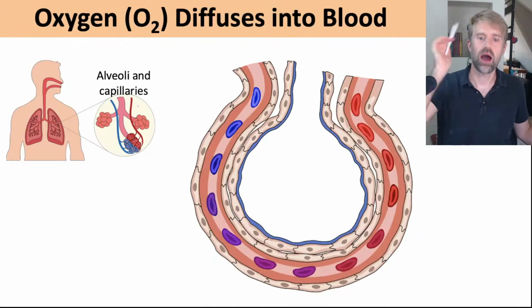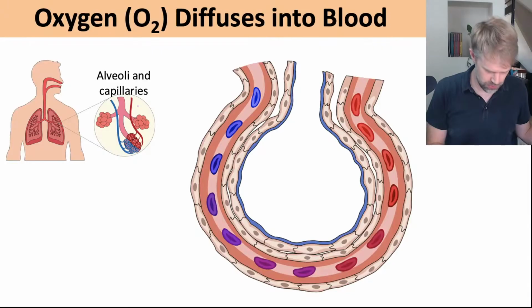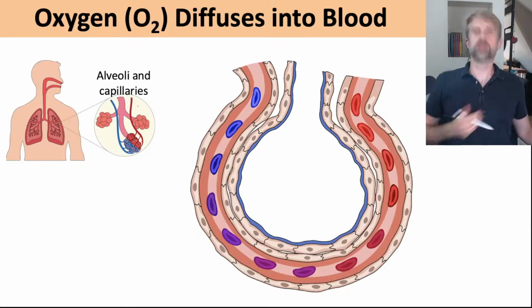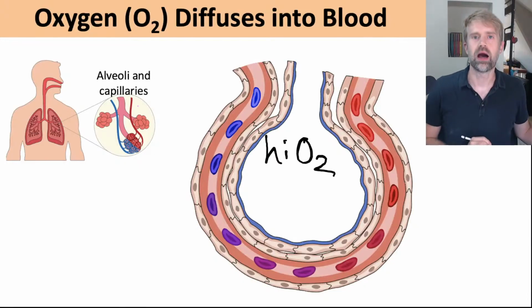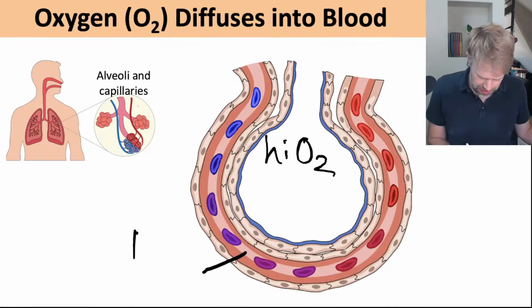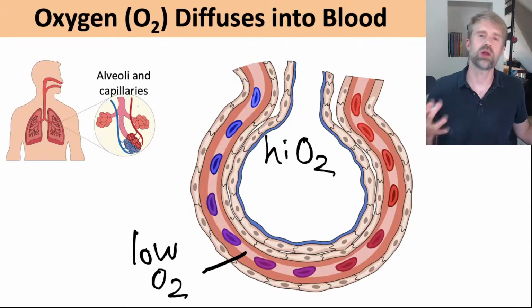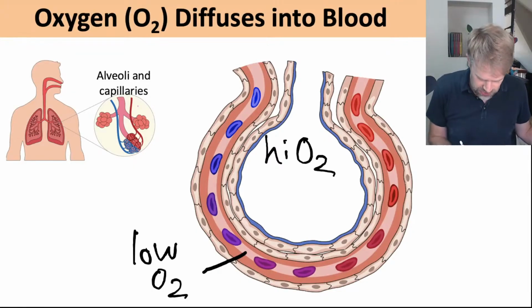Now, oxygen goes into the blood. And here's why: because in the lungs, you take a deep breath in, there is in the lung area, in this alveolus, a high level of O2, a high concentration of O2. And in the blood, there is a low concentration of oxygen. So, what does the oxygen do? The oxygen naturally, without using energy, diffuses.